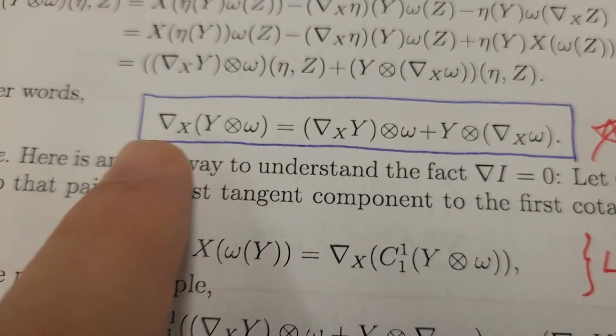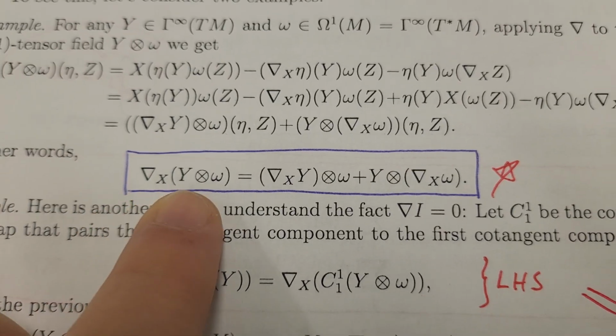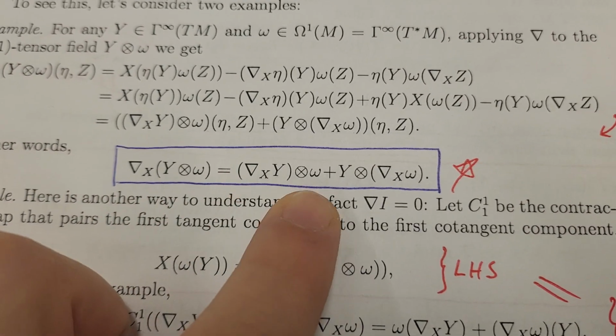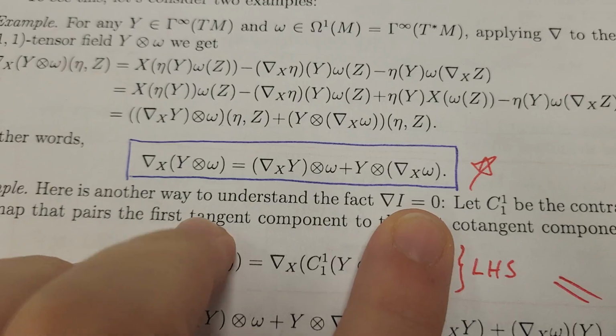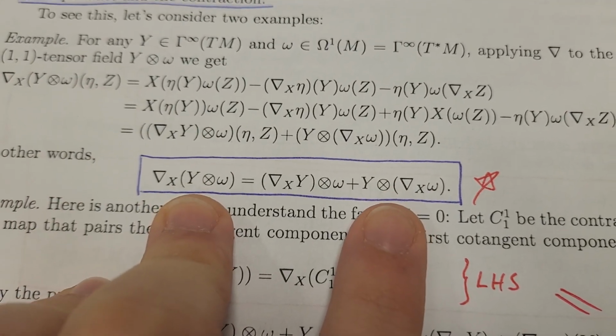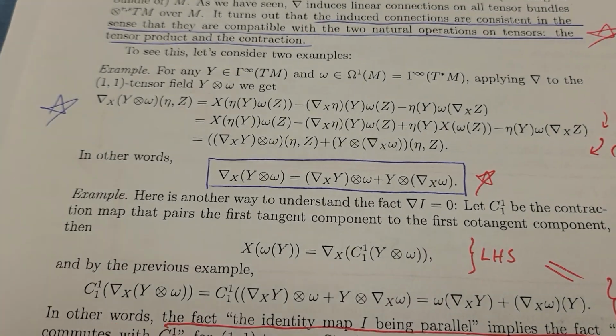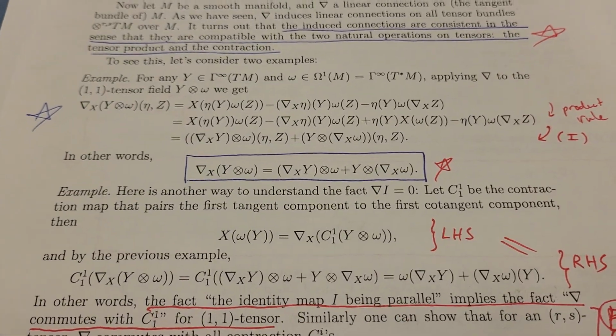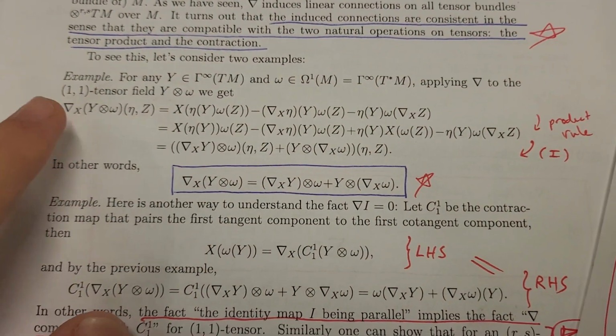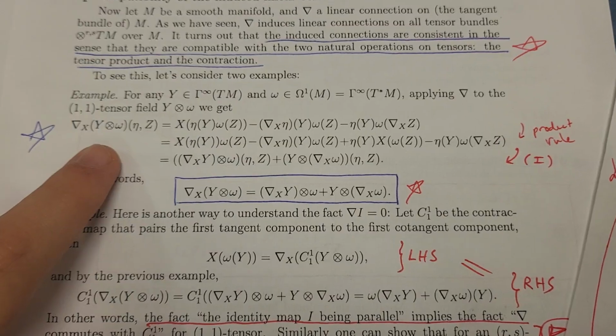Let me just show you that one. We see here, nabla x of y tensor omega is equal to nabla x y tensor omega plus y tensor nabla x omega. It satisfies a product rule. All right, so that's really important, and you can pause the video and look at this example to see the derivation of this, okay?